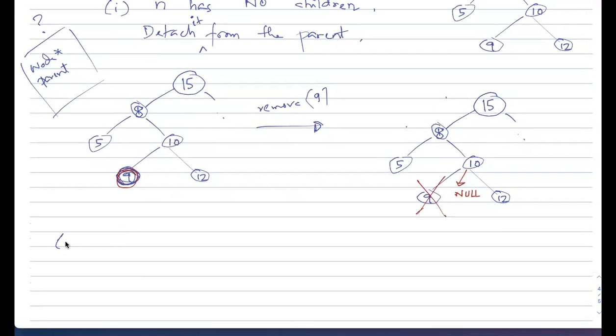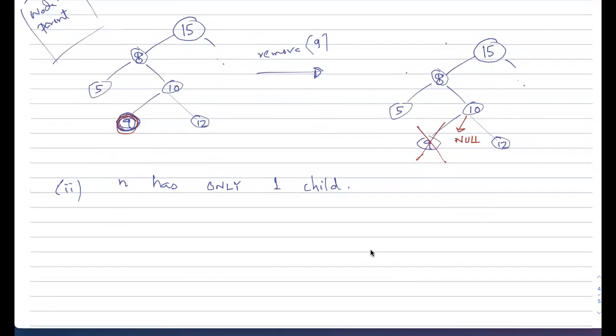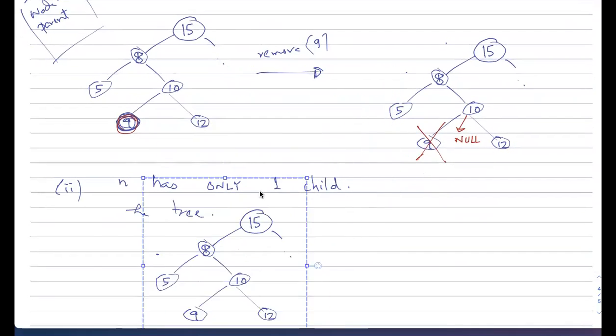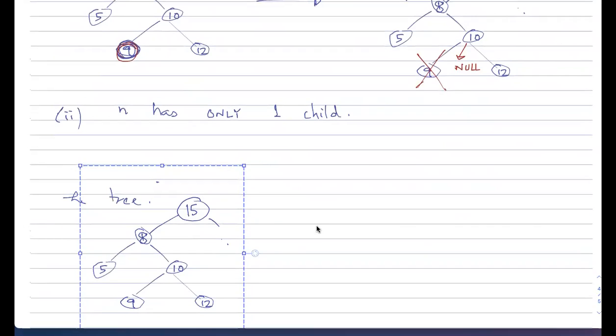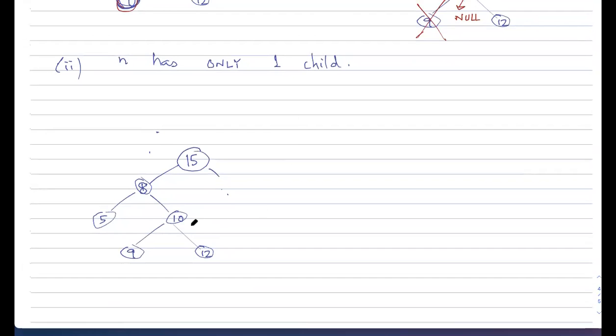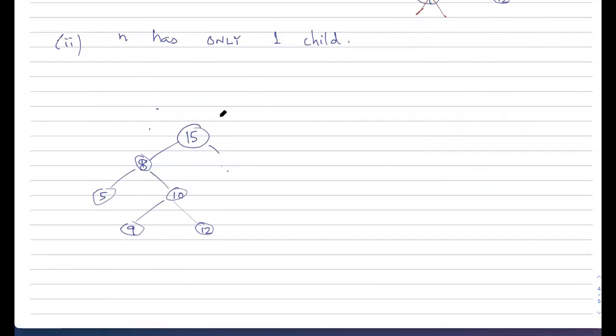The next possibility is that n has only one child. This case is also fairly easy. What would be an example of a node with only one child?